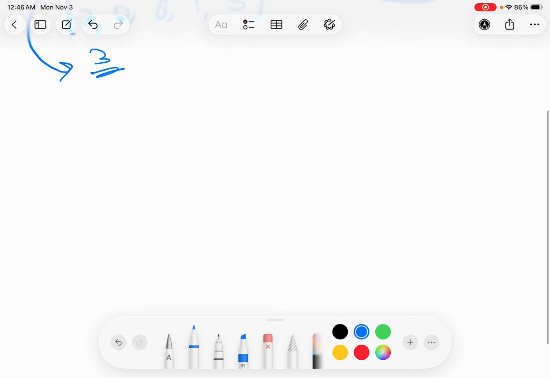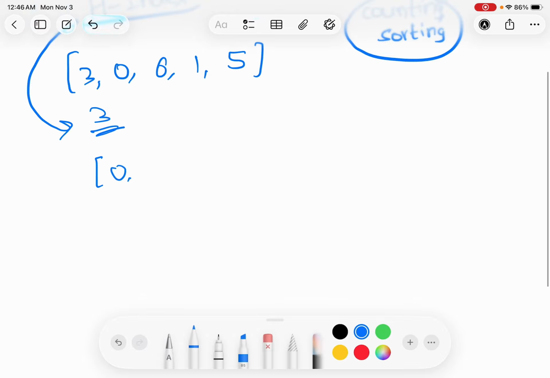So how do you go about doing this? Basically, first we just sort the array. Sorted, it becomes 0, 1, 3, 5, 6. Then at each position, we check: is 0 at least as big as n minus i?